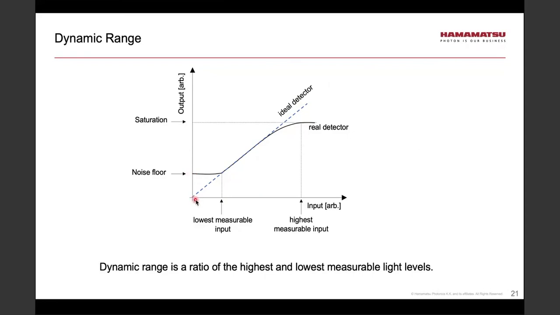Only when I increase the incident light power to levels high enough does the response start to turn over and increase. And so this light power would be the lowest, more or less measurable light power. As I increase the light power, the response of the photodetector will eventually flatten and completely become flat and perhaps may even decline.